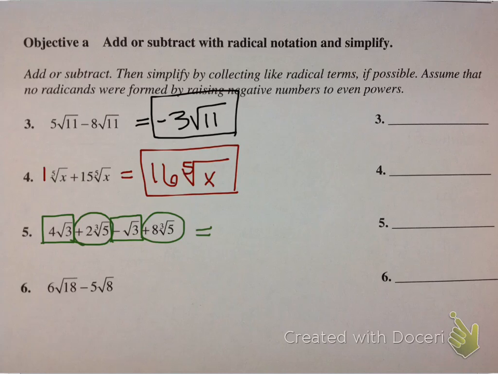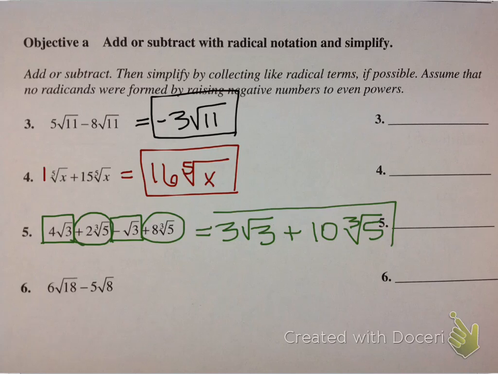That's going to give me 4 minus 1, so that's going to be 3 square root 3 plus 2 and 8, that would be 10 cubed root 5. We cannot combine those two terms because they're not like radicals.